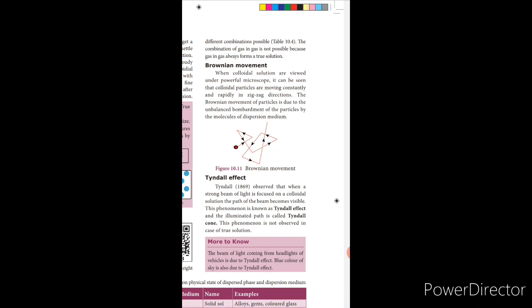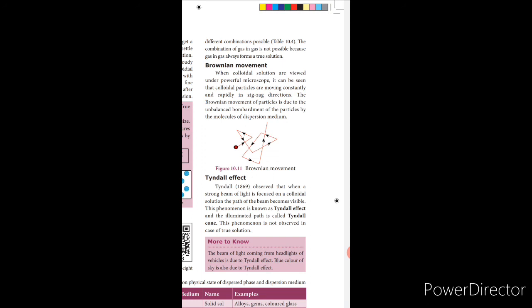In the next lesson, we'll learn about the Brownian movement, the Tyndall effect, and emulsion, and we'll see the difference between the types of solution, that is true solution, colloidal solution, and suspension, right?